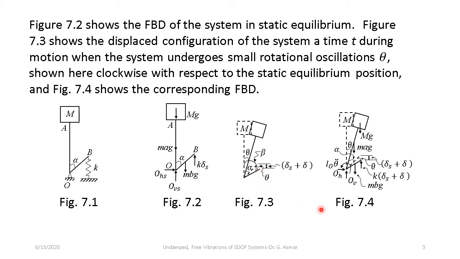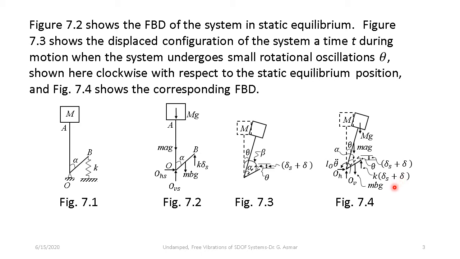Figure 7.4 is the free body diagram of the system when it is set in motion. As before, we have the weight of the particle at A, the weight of member OA, the weight of member OB, the horizontal and vertical reactions at the pin at O, and also the reaction from the spring on member OB at point B, which is now equal to K times delta S plus delta.